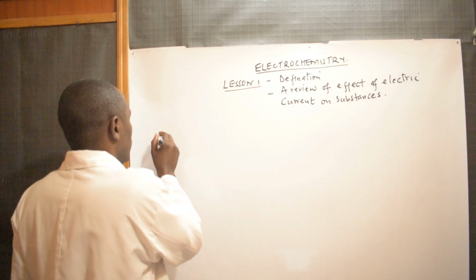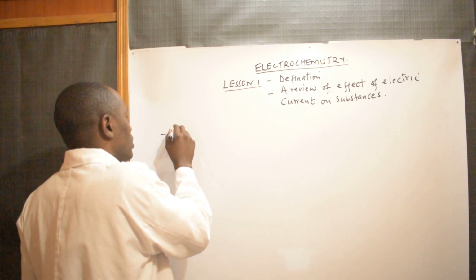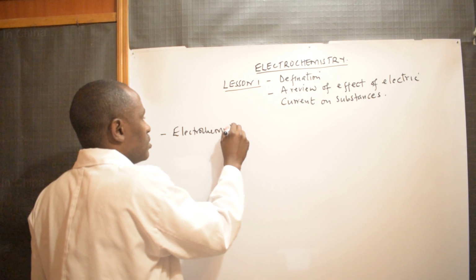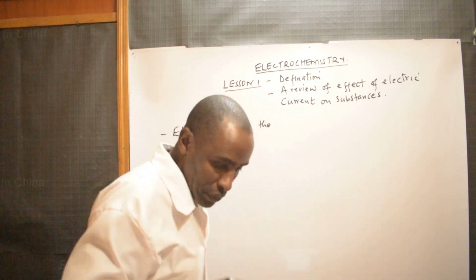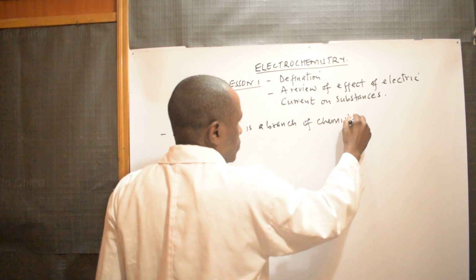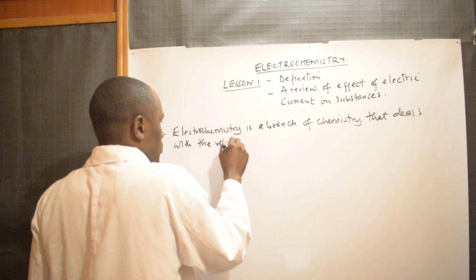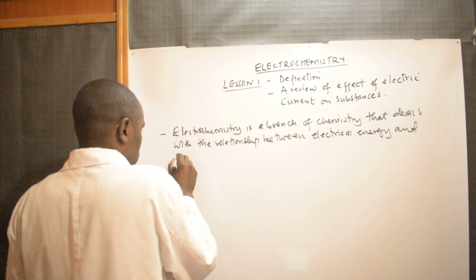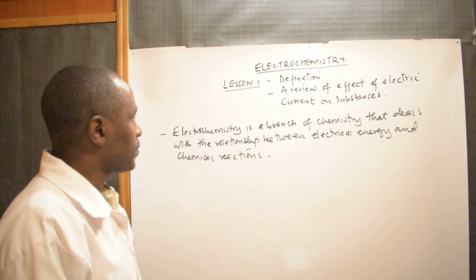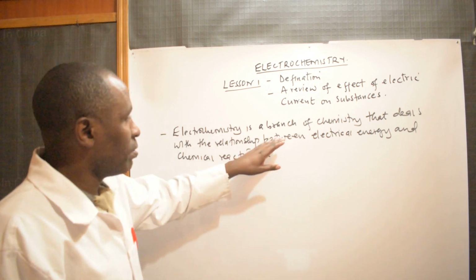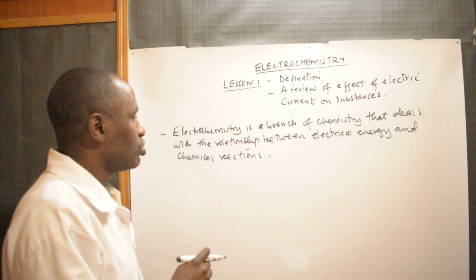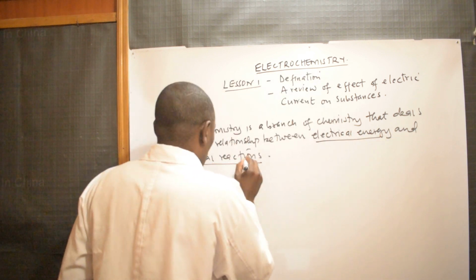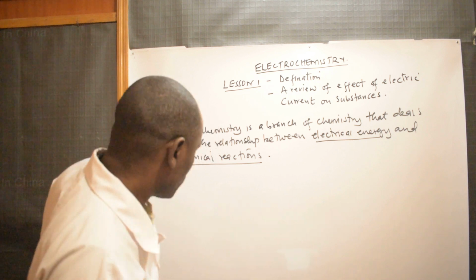Now, electrochemistry may be defined as: electrochemistry is a branch of chemistry that deals with the relationship between electrical energy and chemical reactions.